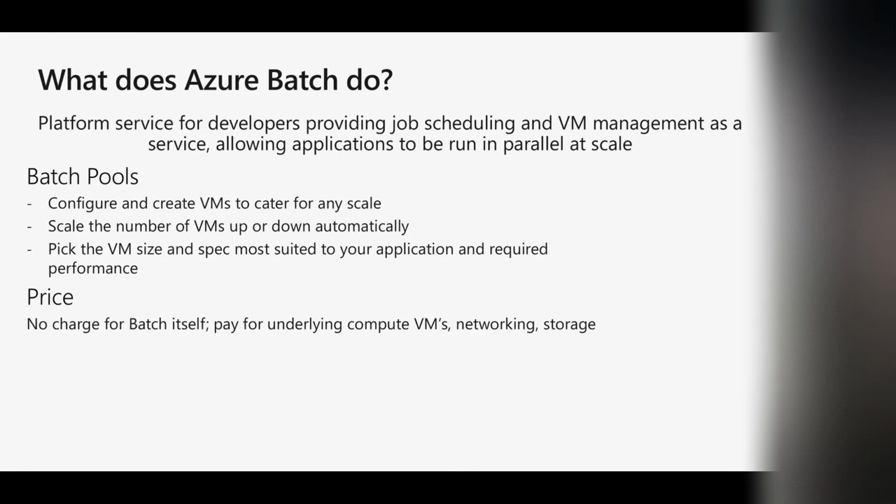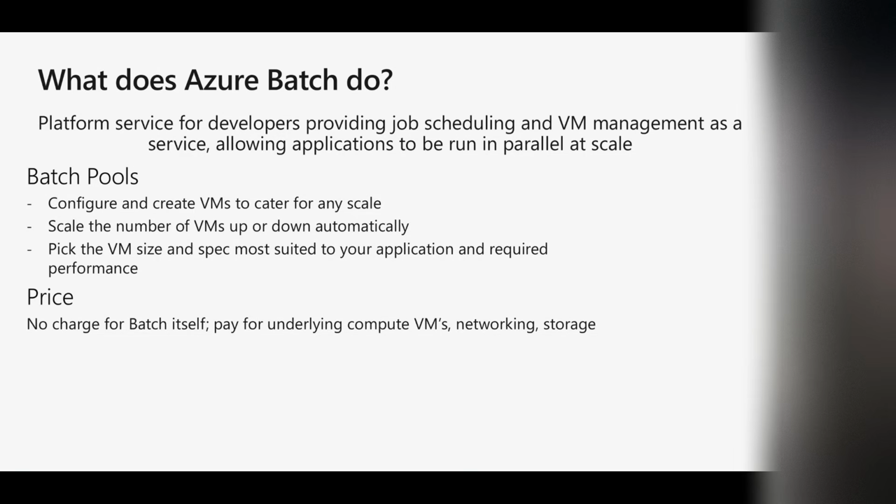As I said, the key part in the batch service are the batch pools, and you can create multiple pools. Let's say there are some tasks that are always running. Data is coming in to some queues, and you want to run constant batch jobs to process that data. You may have a pool with dedicated resources. And then you may have some pools with resources which are only allocated on demand.